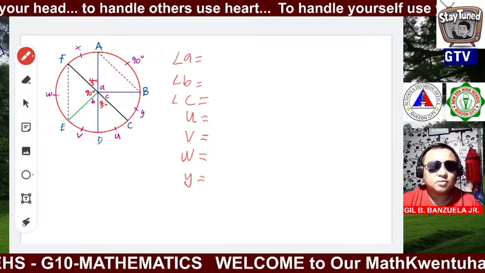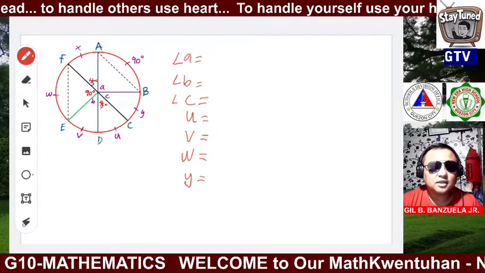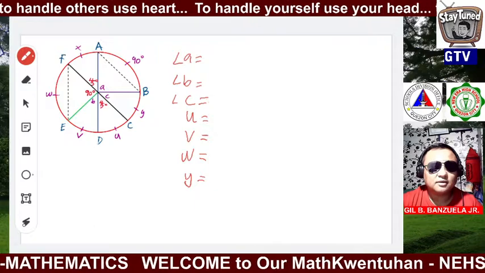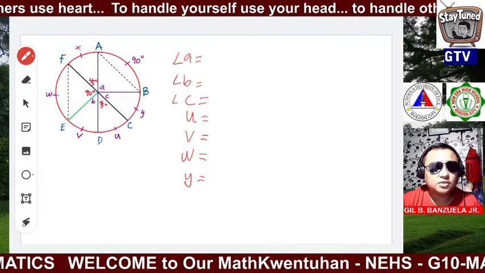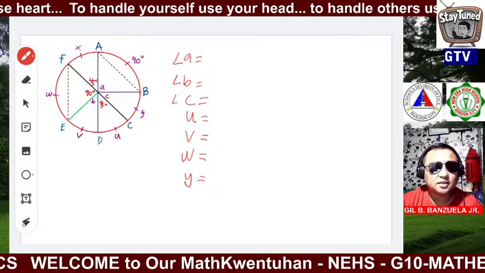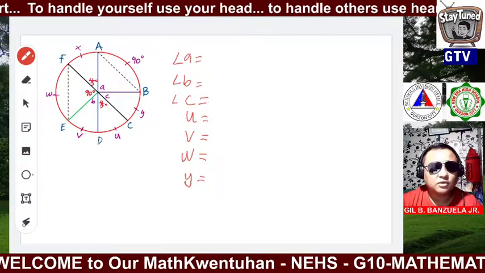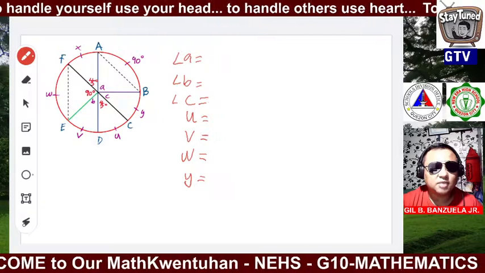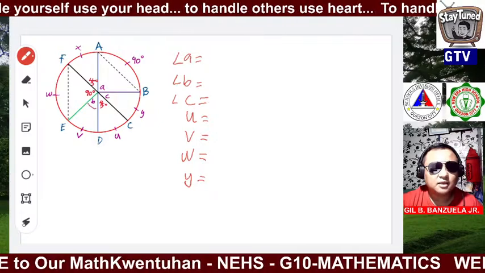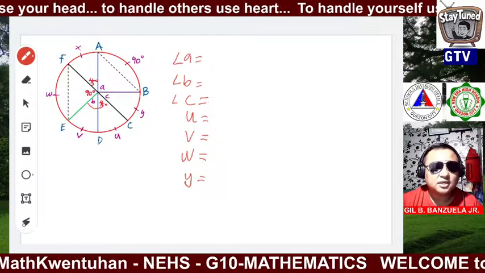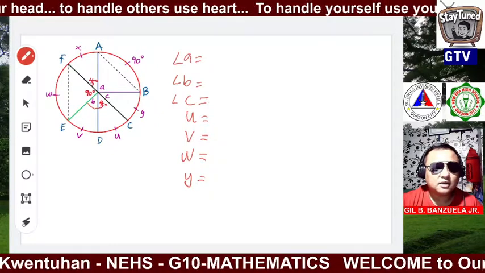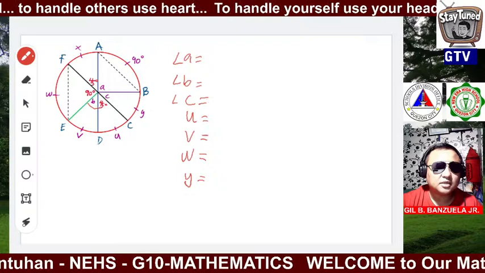Kung makikita nyo guys, lahat ito ay central angle, no? So, we are dealing with central angles. And if you could notice, yung measurement natin dito ay 90 degrees. So, therefore, ito ay isang right angle. So, malamang, itong angle B plus itong angle C. Let's name this circle.